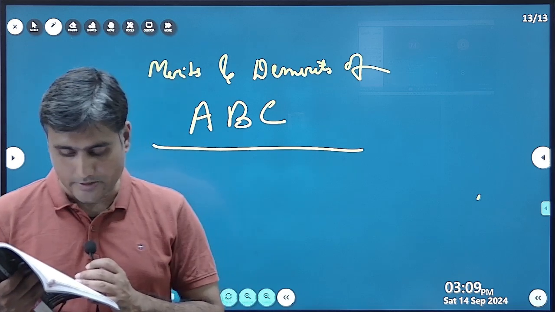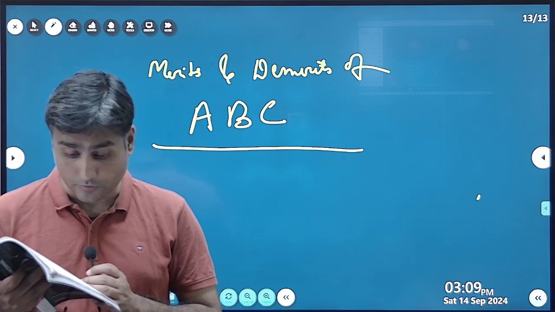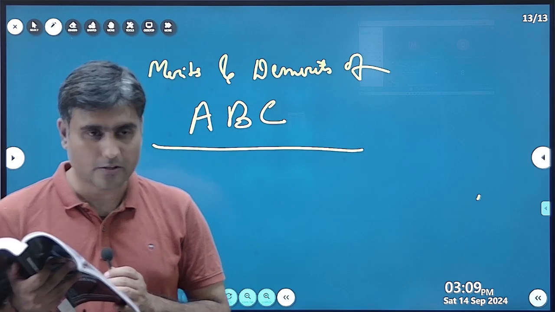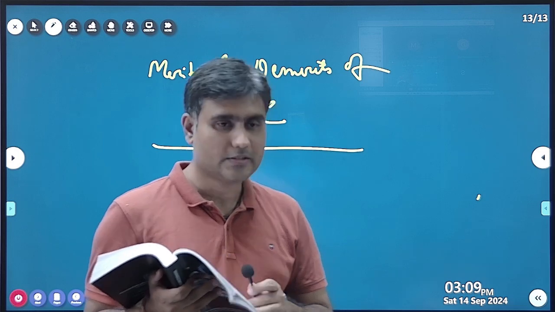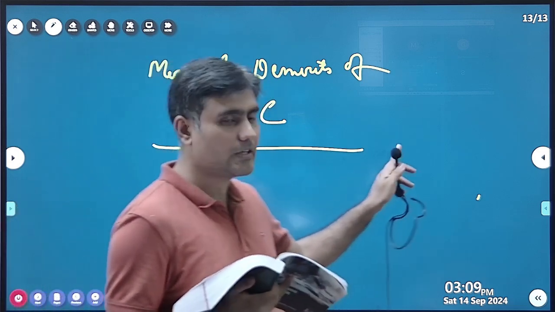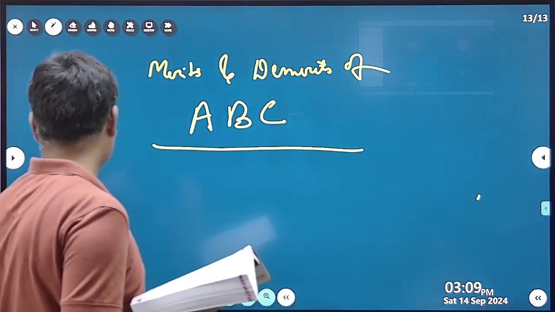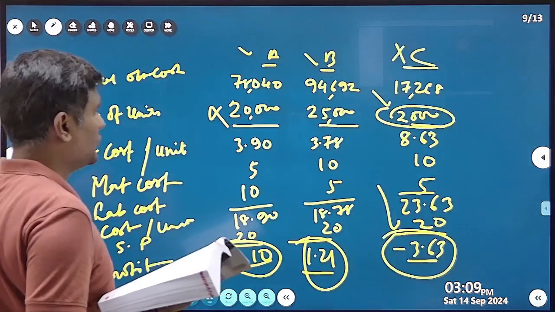ABC tends to burden low volume product. It will burden low volume product with a punitive level of overhead cost. See, you saw in ABC, the C was burdened with huge overhead cost.